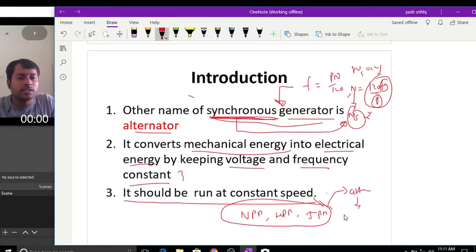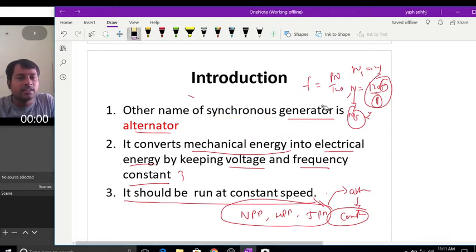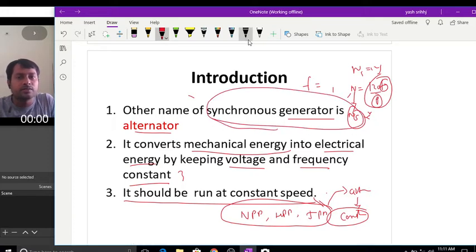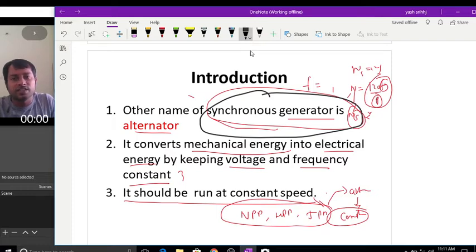It must rotate at a constant speed. Then only it is called a synchronous generator, because it is generating electricity at a constant speed. Speed is always constant. If you hear the word synchronous, then we can always say that speed is constant. That's what we need to remember.